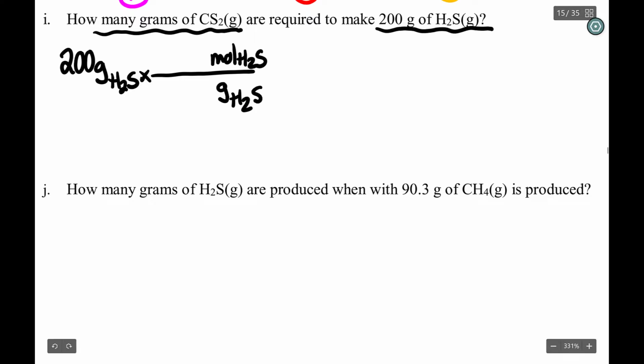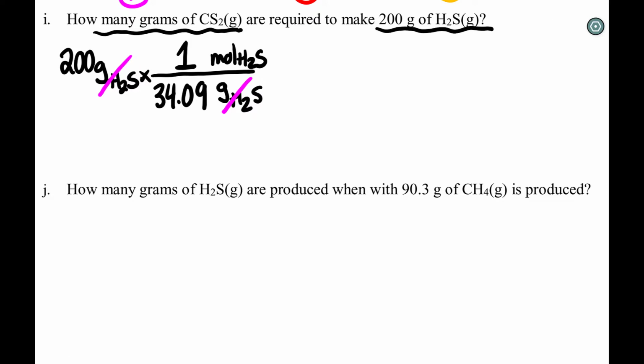Now, grams and moles is molar mass, so the number of moles is always 1 here. And the molar mass of H2S is 34.09 grams. This cancels out grams of H2S on top with grams of H2S on the bottom, and I'm left with moles of H2S. This would be my first step.